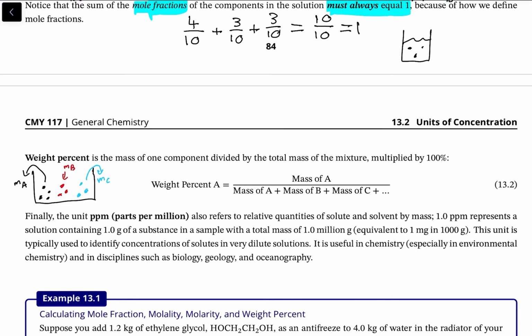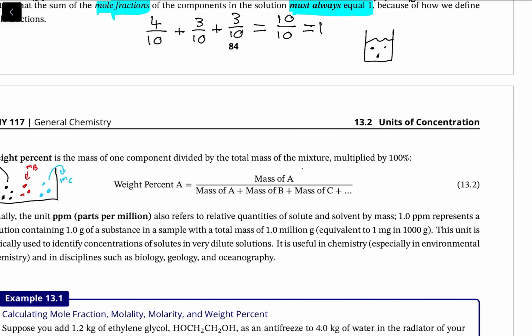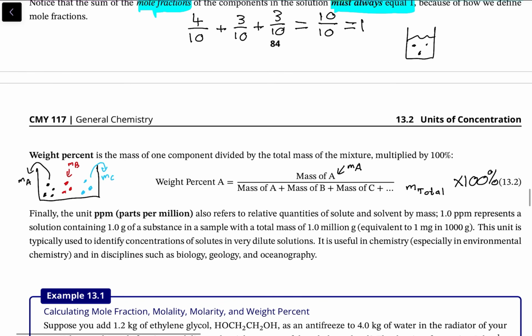Then you want to know what our weight percentage of, say, mass A is. That means we must take the mass of A divided by the total mass. And we must remember that it must be multiplied by 100%. I forgot to add that in the equation.